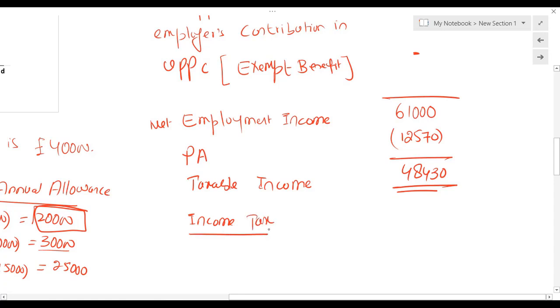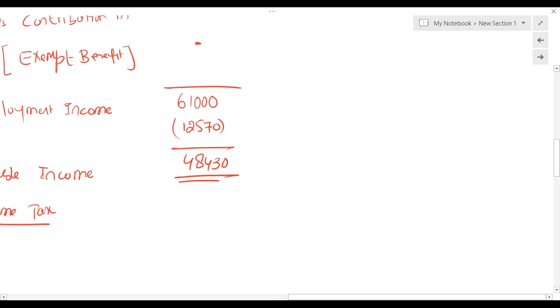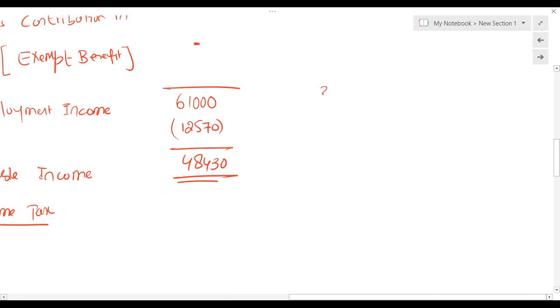Before calculating income tax, we need to check what the limit of the basic rate band is, because this individual has contributed in PPC as well. The basic rate band limit is 37,700. We need to add the gross PPC.